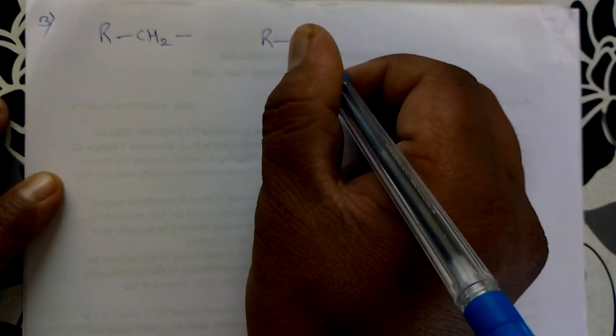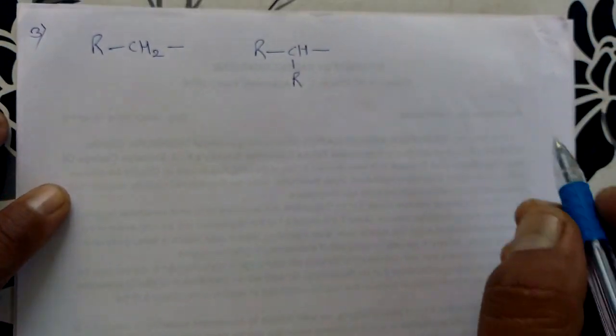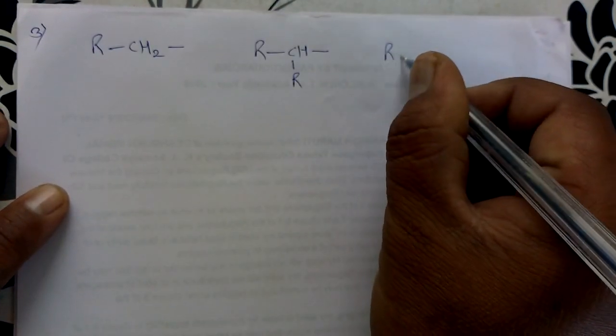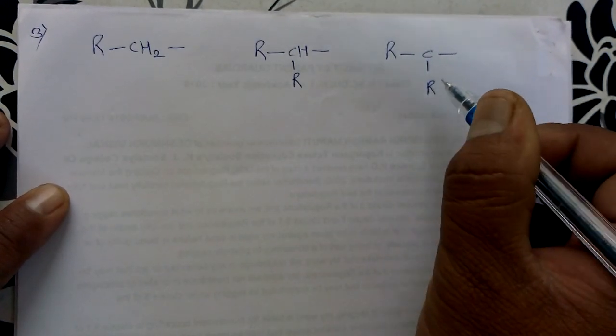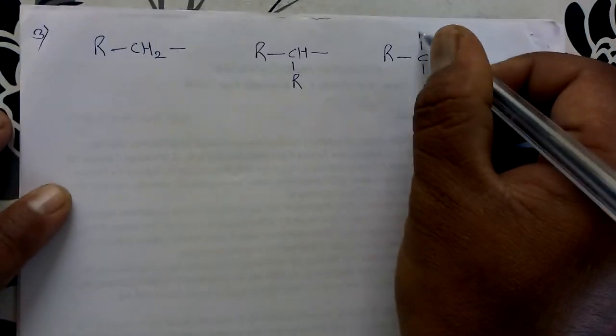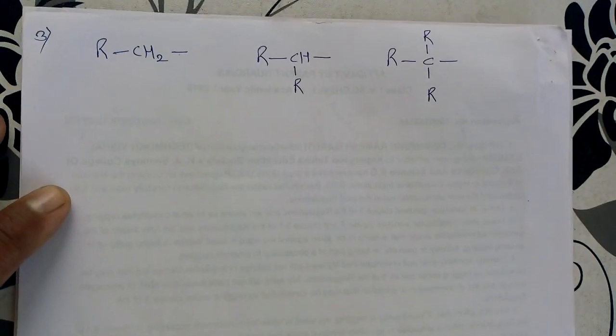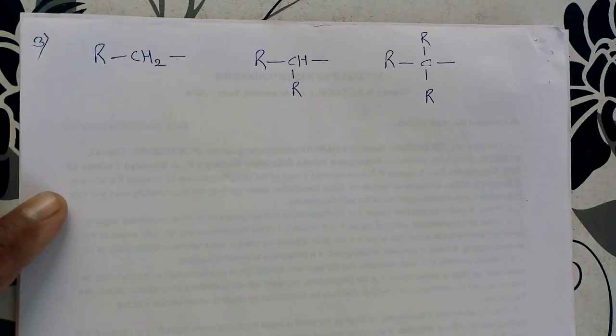Next I consider here R single bond CH single bond R, and as the third example, R single bond C single bond R, again single bond R. Now these are the three different organic molecules.